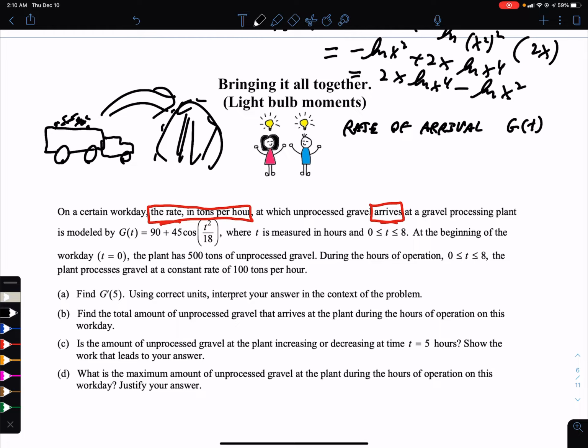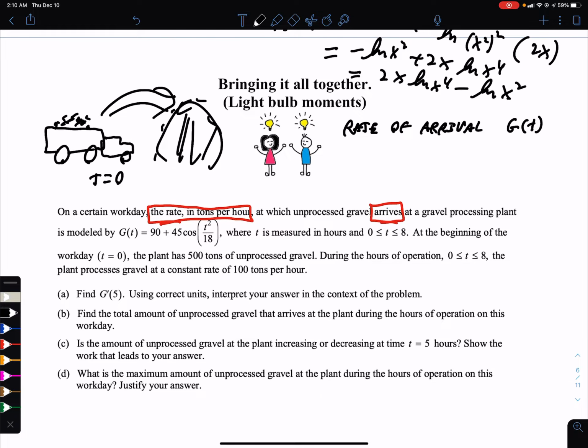And then what else do we have? It is measured in hours at the beginning of the workday. When t equals 0, beginning of the workday, there's already 500 tons.